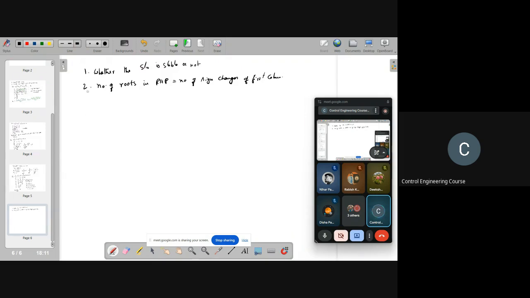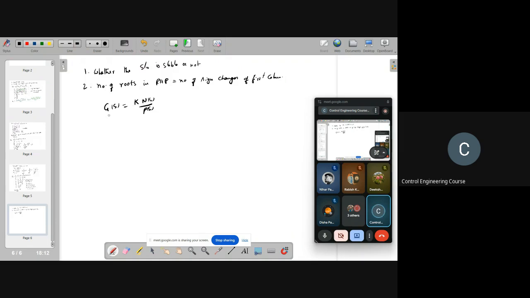The Routh-Hurwitz criterion can be used when you have an open loop gain K, to find the range of K. Suppose G of S is K into some numerator by denominator. That means open loop gain, or it can be a proportional controller gain, whatever it is.